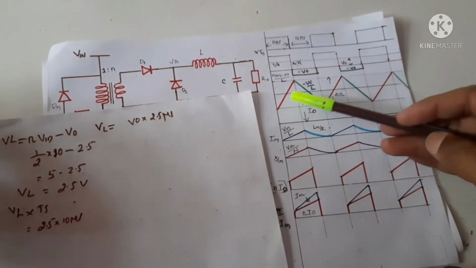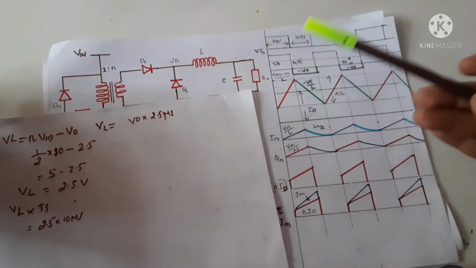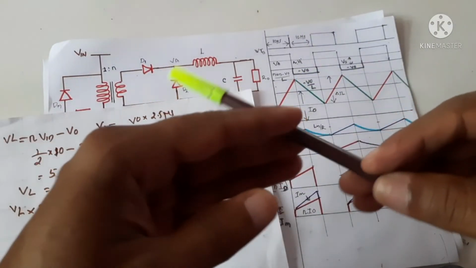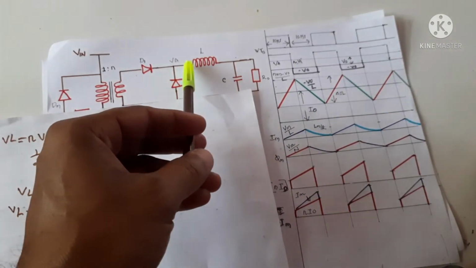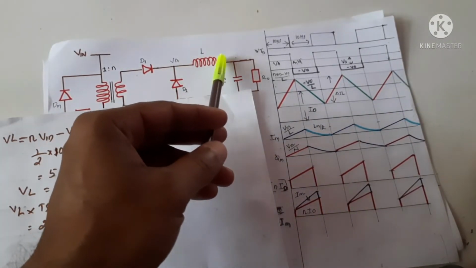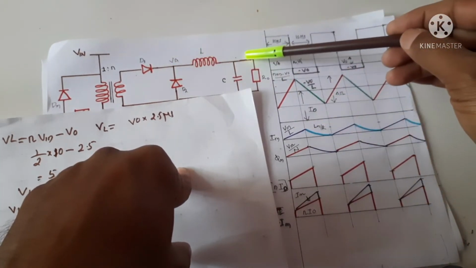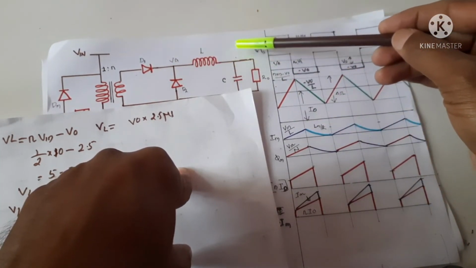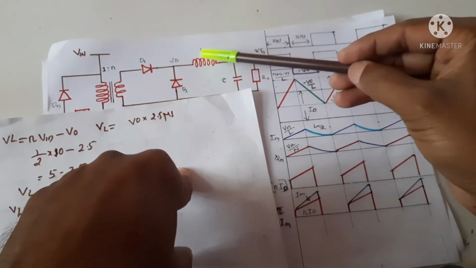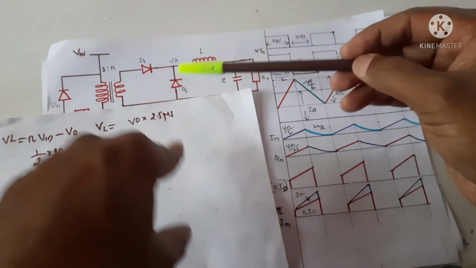So what the voltage-second rule says is, as we calculated, the voltage across the inductor is 2.5 volt. The voltage at this point is 5 volt and the output voltage is 2.5 volt, but the inductor only takes 2.5 volt.